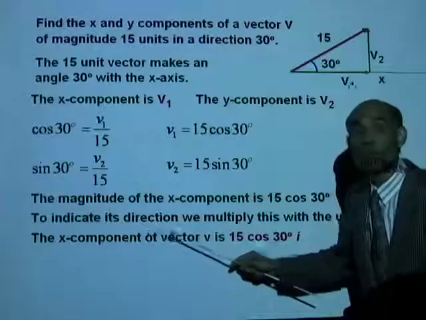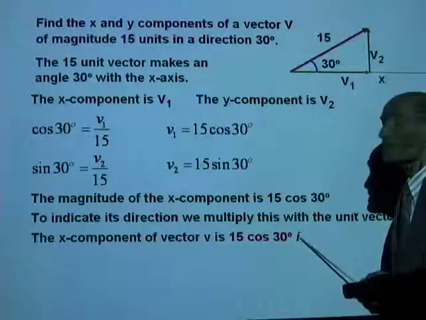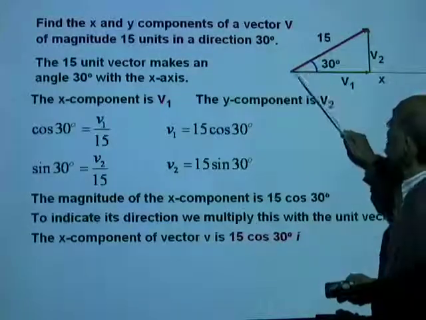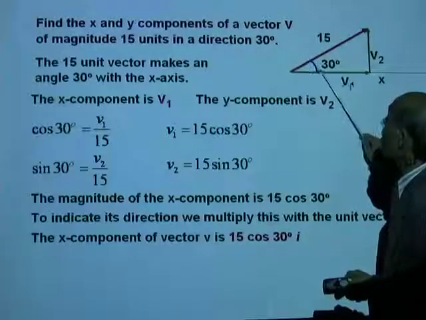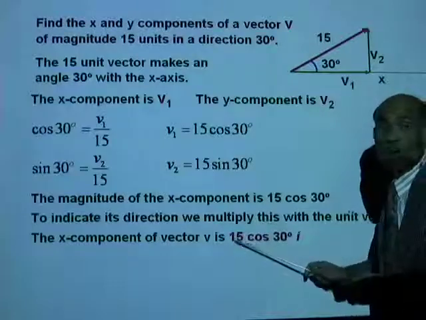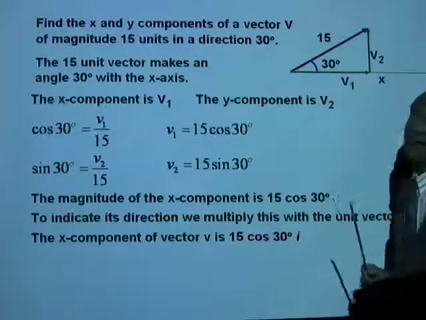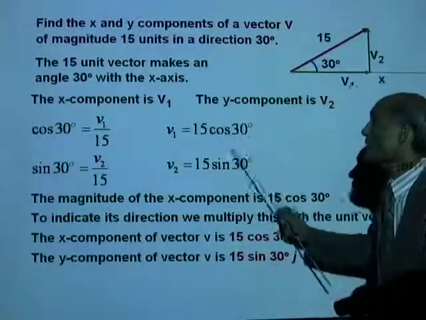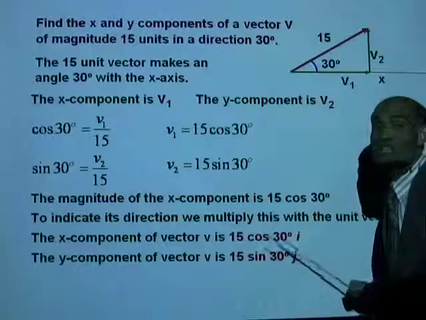Therefore, the x component is 15 cos 30 degrees i. Look at this, a very important piece of information. A vector of 15 units at an angle 30 degrees with the x-axis has an x component 15 cos 30 degrees i. And what is the y component? The y component will be 15 sine 30 degrees j.